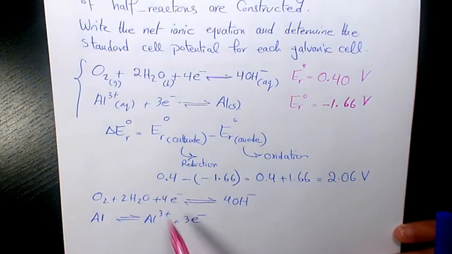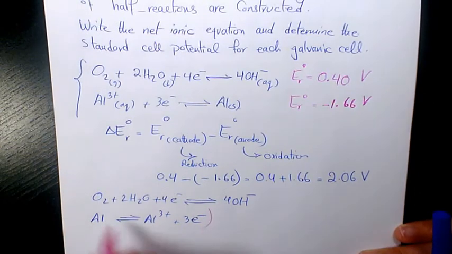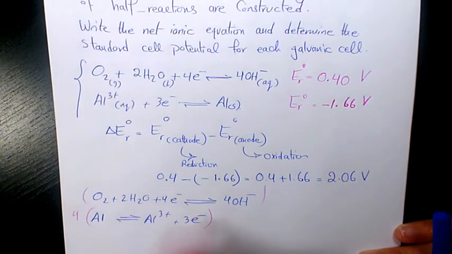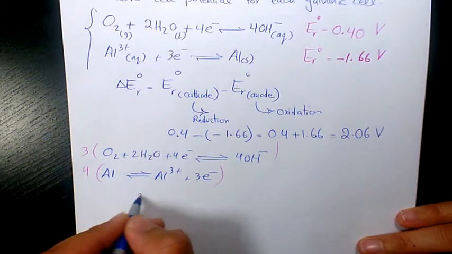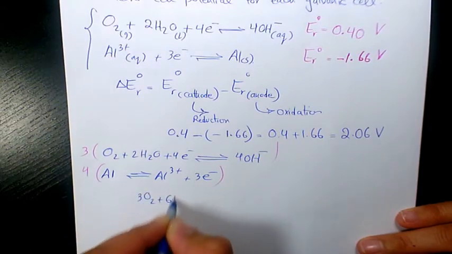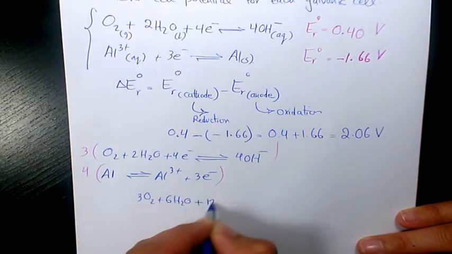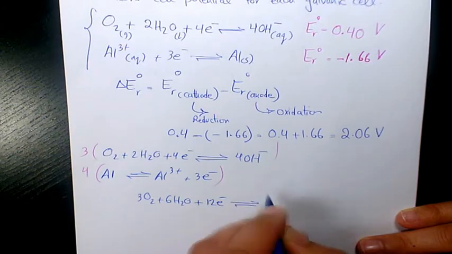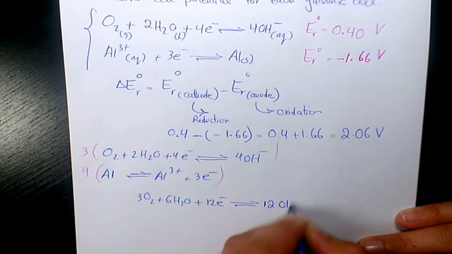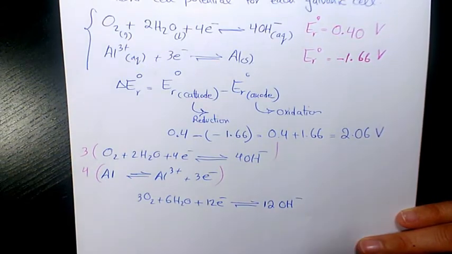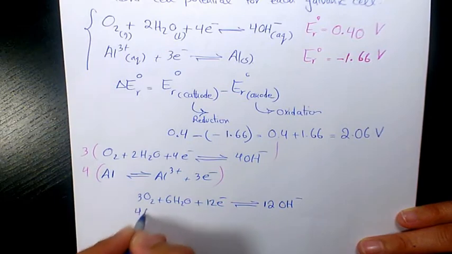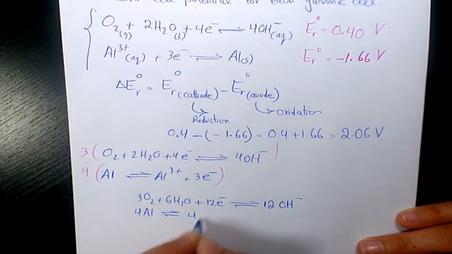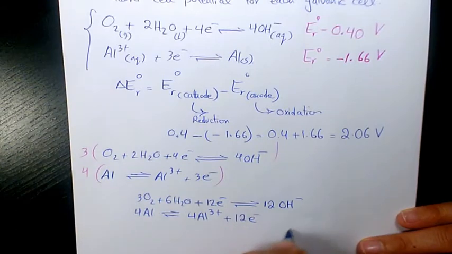Here we have 4 electrons, here we have 3 electrons. So I multiply this one by 4 and this one by 3. So it's going to be 3O2 plus 6H2O plus 12 electrons, giving me 12 OH minus, and here we have 4 aluminum gives us 4 Al3+ plus 12 electrons.